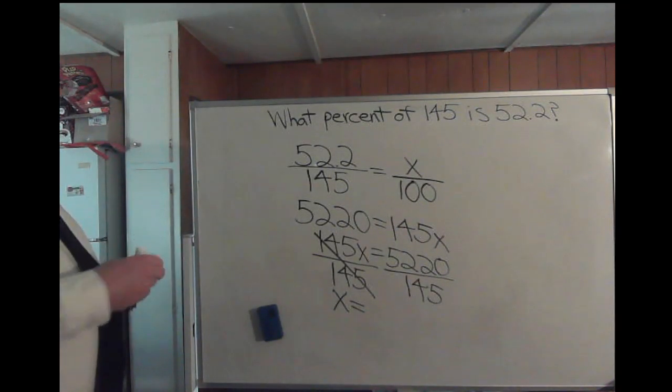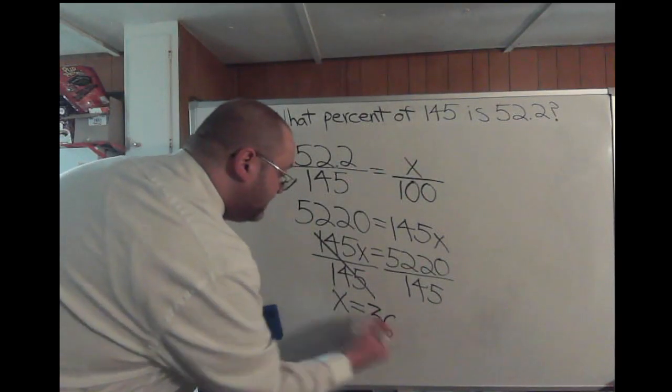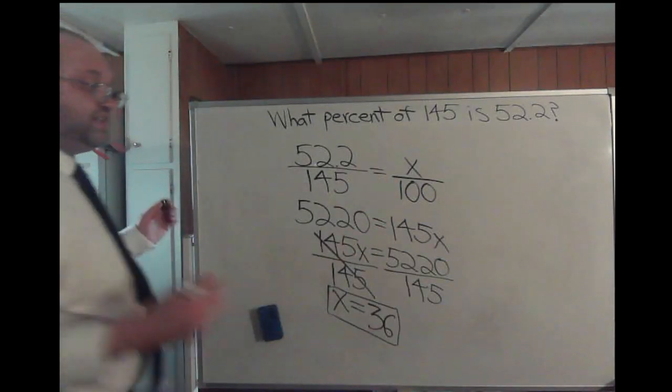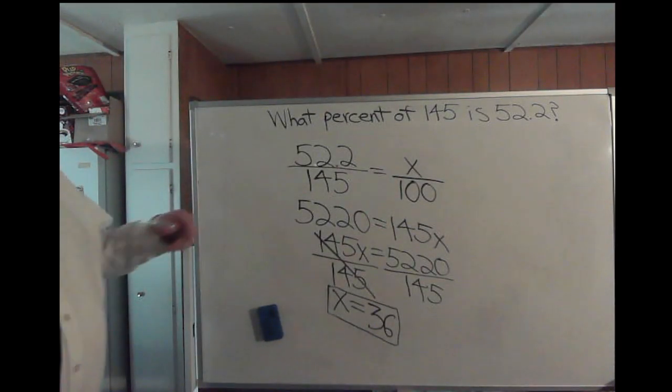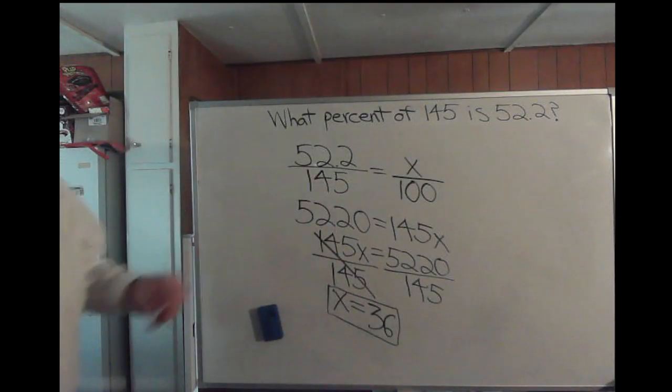Looks like we come up with 36. So that x equals 36. So 36 out of 100, that's 36%. So 52.2 is 36% of 145.